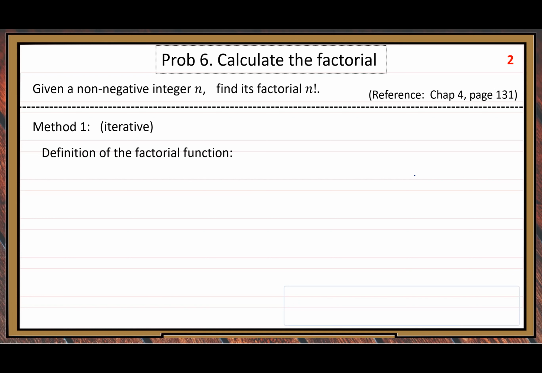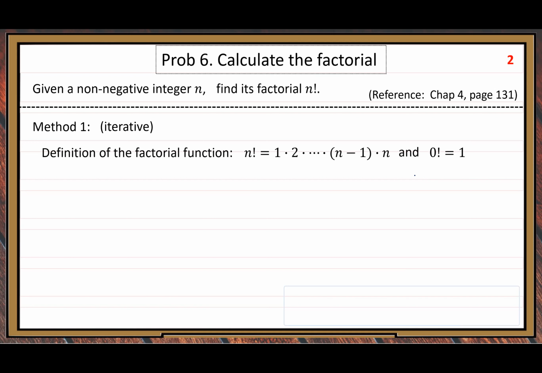And let's start from the definition. We know this is the definition. The product of these n consecutive positive integers from 1 through n.